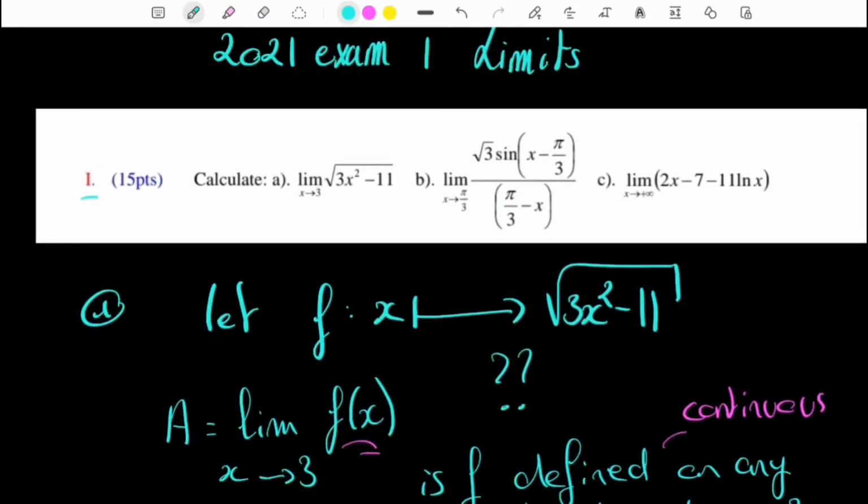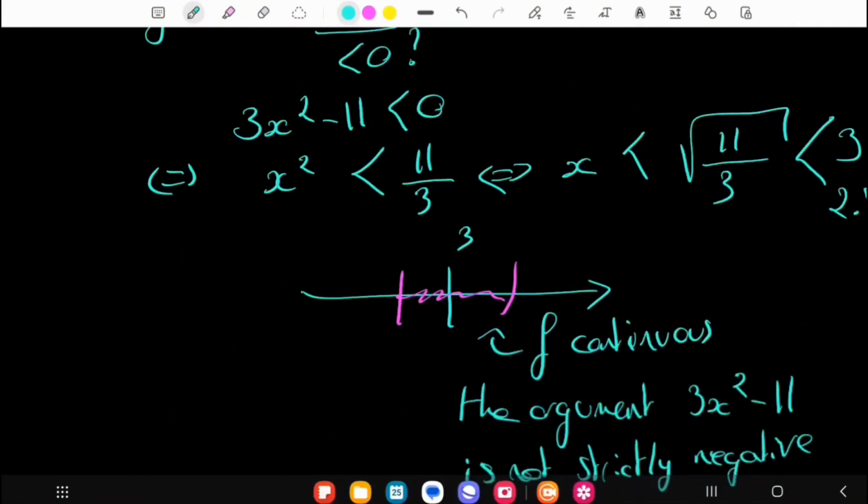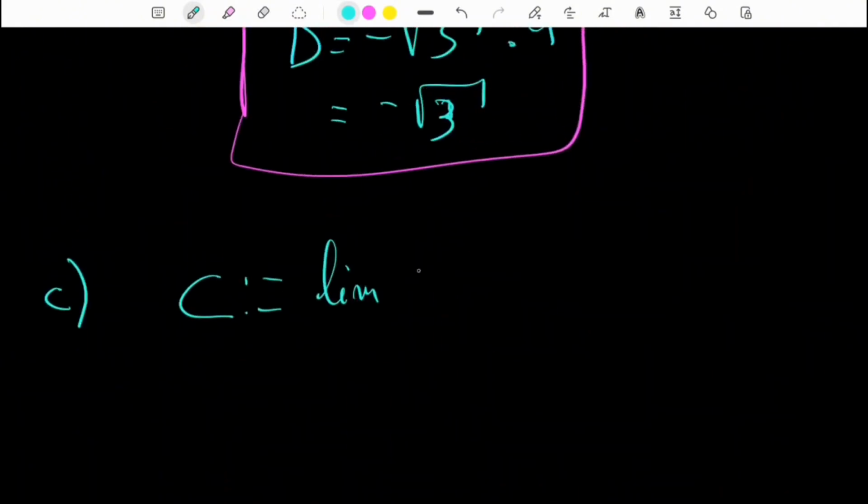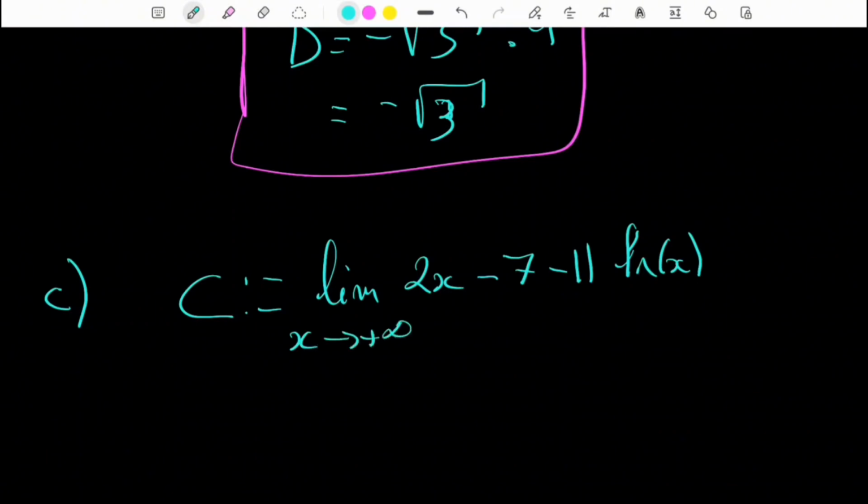Just let me have a look. Limit of 2x minus 7 minus 11 ln of x when x tends to plus infinity.